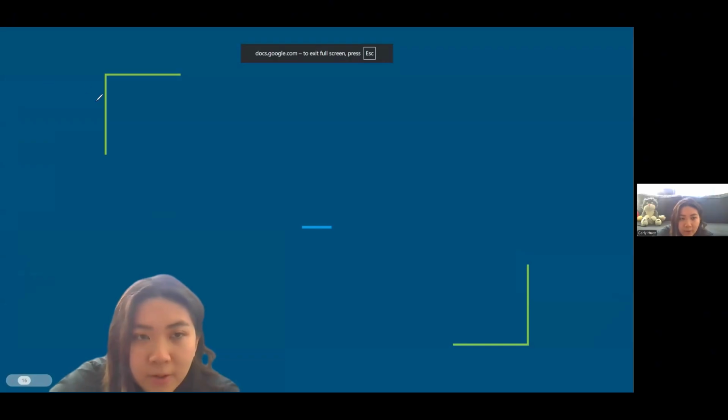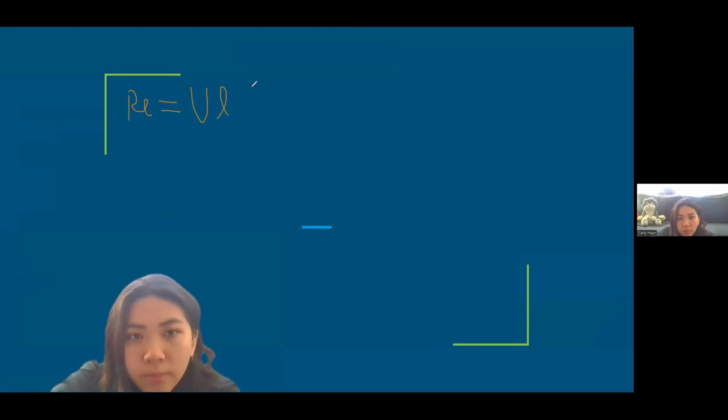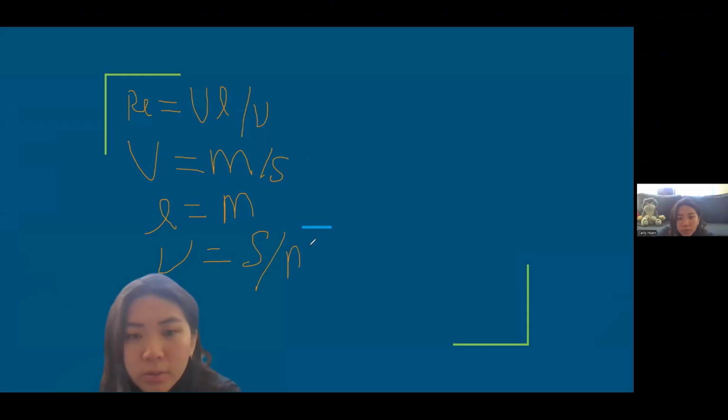So for the Reynolds number, we're going to use U, L, and nu. The units for U would be meters per second. I'm doing this on a mouse, do not judge me. L would be meters, and for nu, it should be meters squared per second.